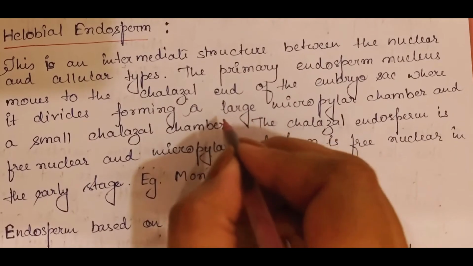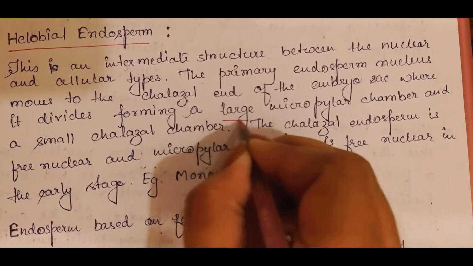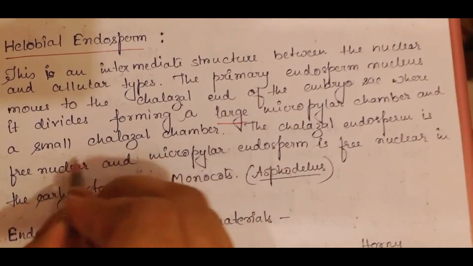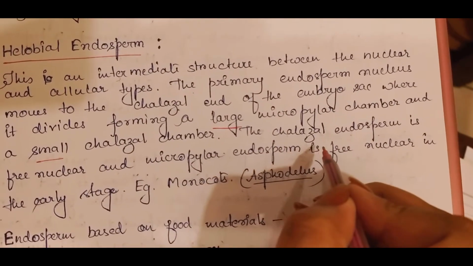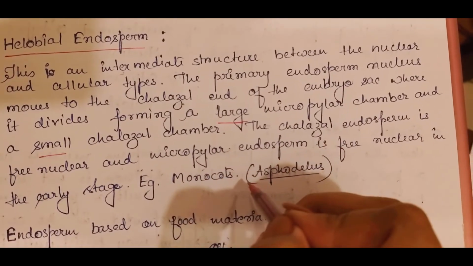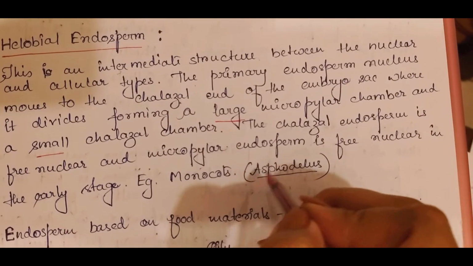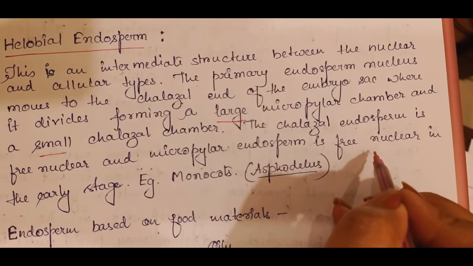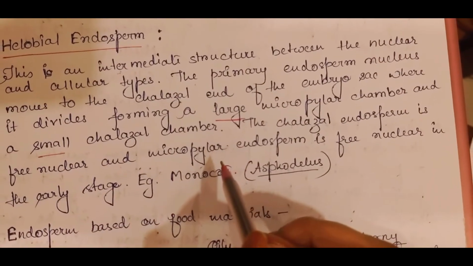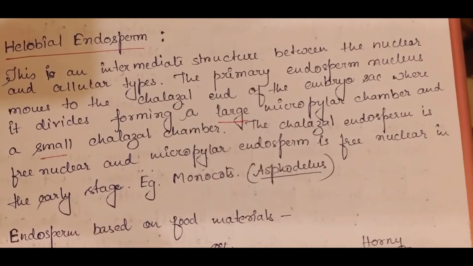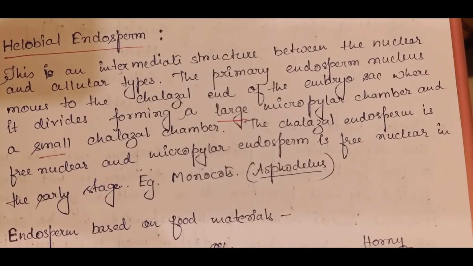So the micropylar chamber is large and the chalazal chamber is small. Keep this in mind. The chalazal endosperm is free nuclear and the micropylar endosperm is free nuclear in the early stage. Later it becomes cellular. Alright.